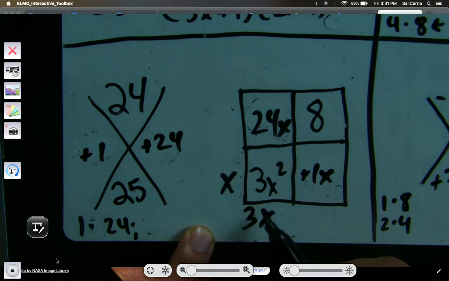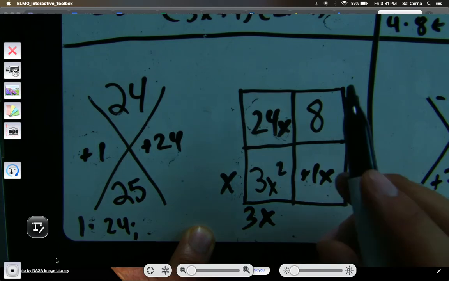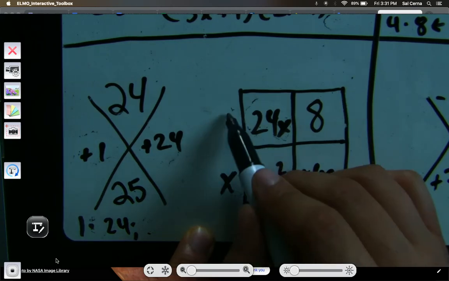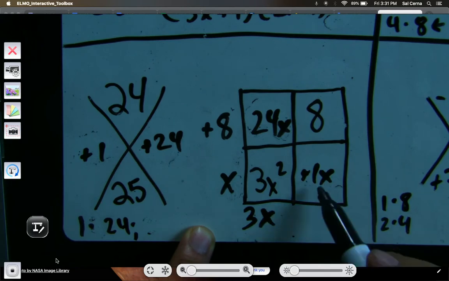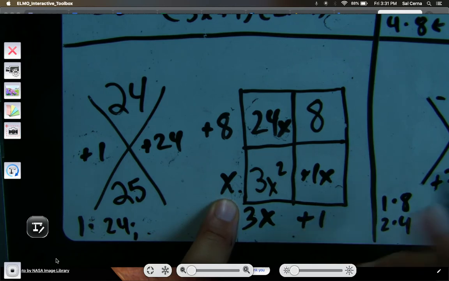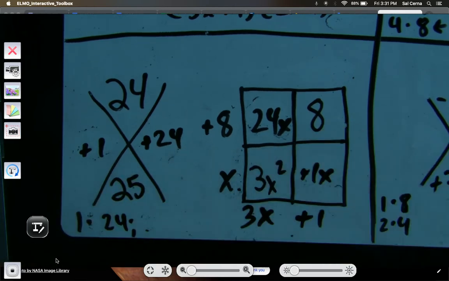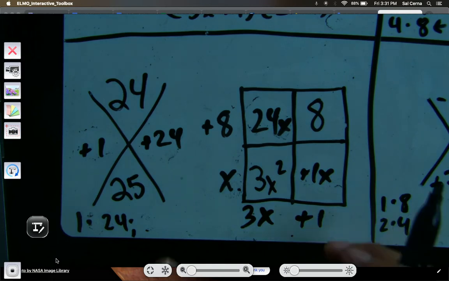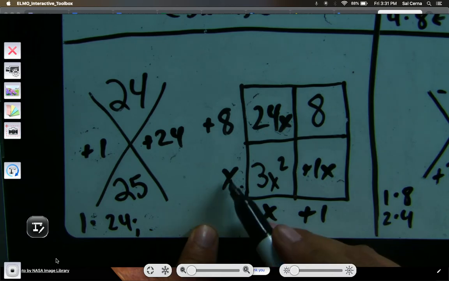Now 24x divided by 3x has to be 8. 8 times 3 is 24, positive. And here, 1x divided by x gives me positive 1. Positive 1 times 8 gives me positive 8. Yes. And now you see that I have everything in order. So my final dimensions are 3x plus 1 times x plus 8.